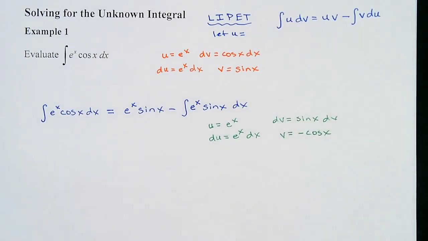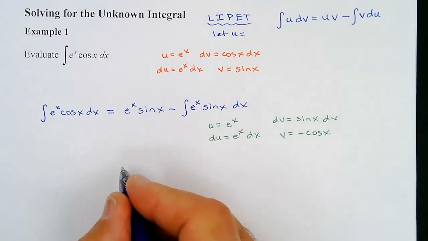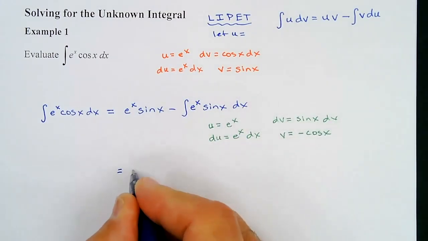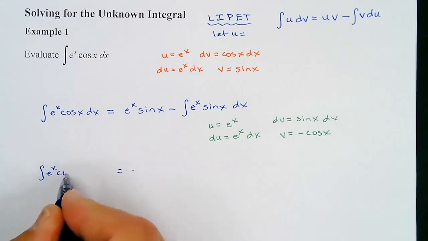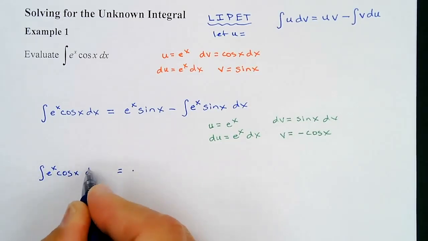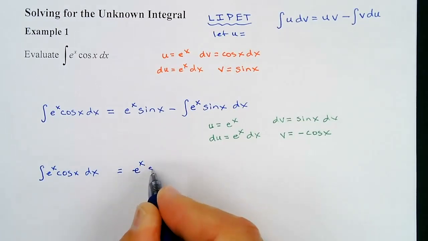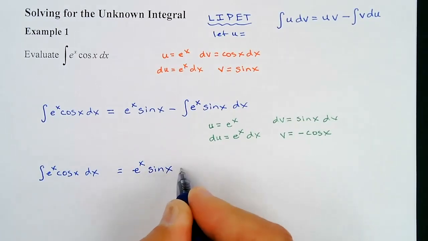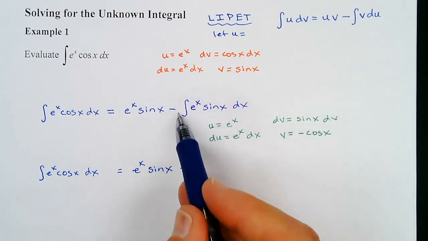So then replacing this with what this integral is, we want to write this again. You'll see why in a minute. So the integral of e to the x cosine of x dx is equal to e to the x sine of x minus, and then what we have to do is this integral, right? Because we're going to subtract that integral.